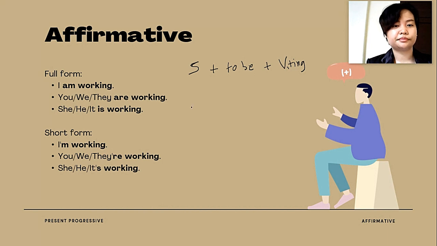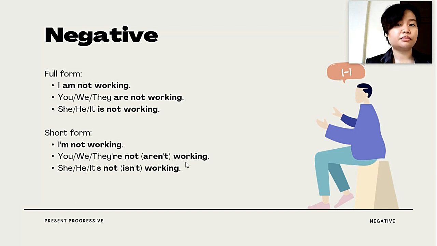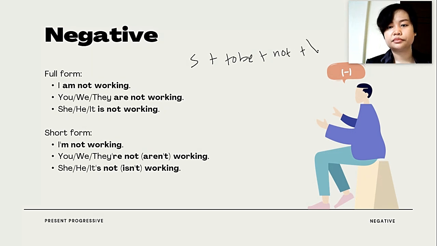All right, this is the example. You can take a look at that. Now take a look at the negative form of present progressive. This formula is subject plus to be plus not and the participle form of the verb. All right.